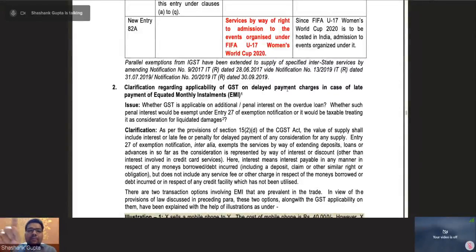The transaction between you and HDFC is in the nature of extending loans, and since it is in the nature of extending loans, the amount that you will pay over and above 40,000 will be in the nature of interest, and that interest is exempt from GST.